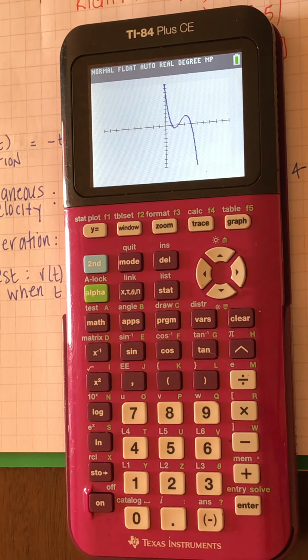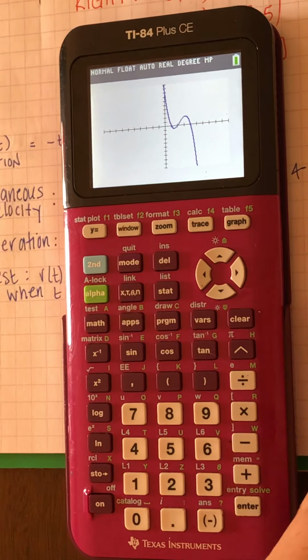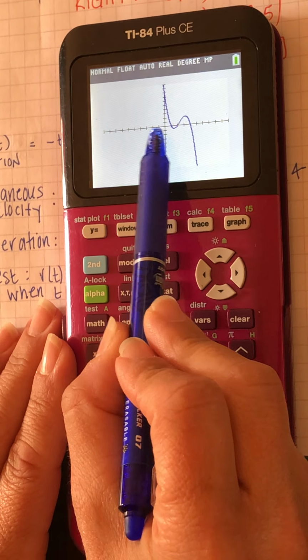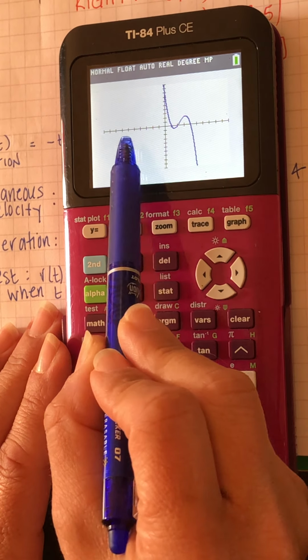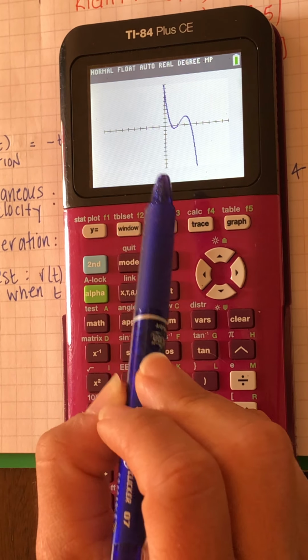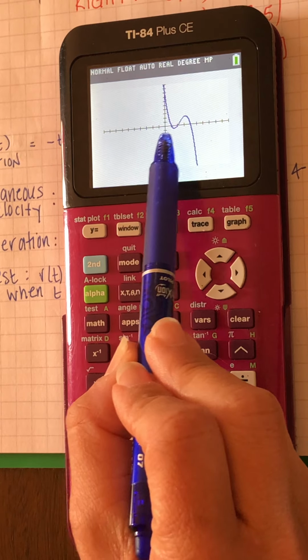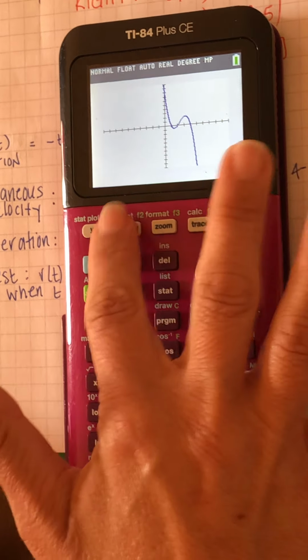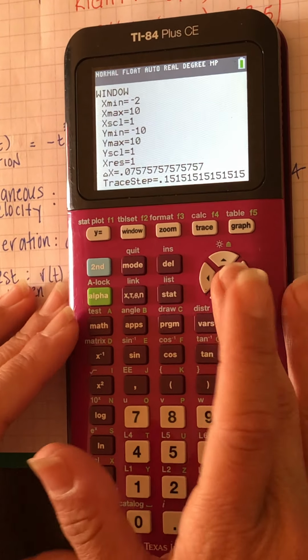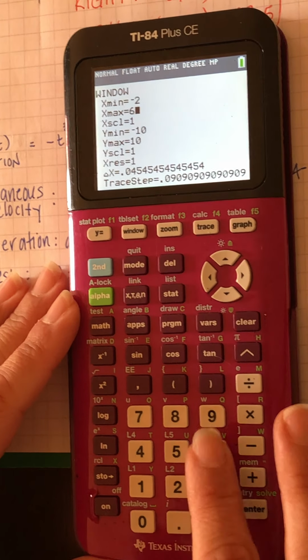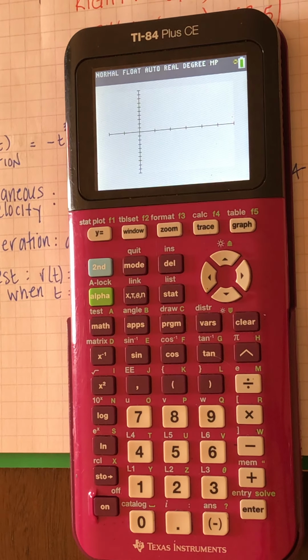Oh, sorry, that's not the x-intercepts. I lied. The points that I really care about are here, where the tangent is 0, when it's parallel to the x-axis. So let me go back and zoom in. So I'm gonna do from like -2 to maybe, let's just say 6. There we go, that's better.